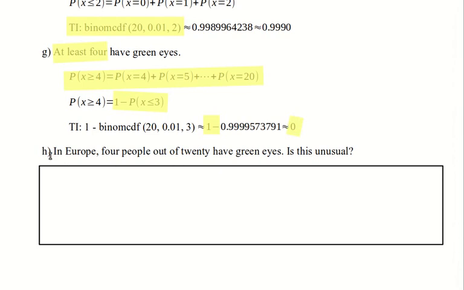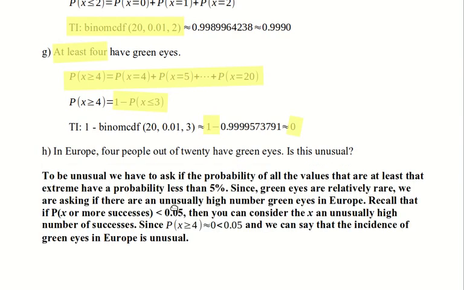It says in Europe, 4 people out of 20 have green eyes. Is this unusual? Now, we're assuming that we're asking, is this unusually high? So that's the first thing that I would point out. If green eyes are randomly distributed at 1%, you'd expect 1 out of 100 people to have green eyes.